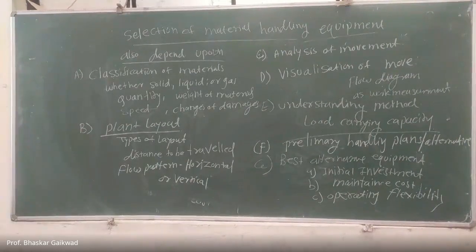If we make this much investment, then after installation, what will the maintenance cost be? What is the operating feasibility, the reliability, the durability, the affordability? You have to consider all these under the selection of the best alternative. So this is about material handling equipment selection.